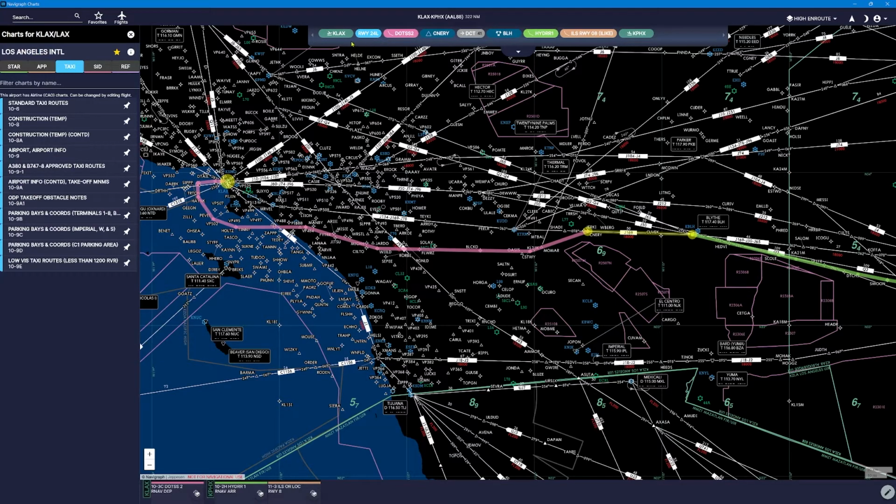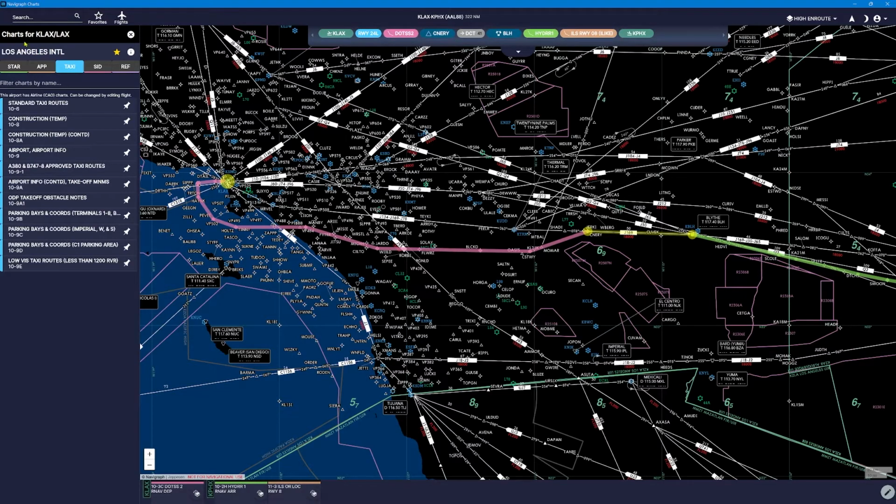This is the same route, spread out a little bit differently, but it's the same route. Here's the DOTS 2. The little triangle, that's going to be your transition. And then direct to BLH, this is also the transition to the HEYTR 1. And we'll talk about the arrival in a moment.